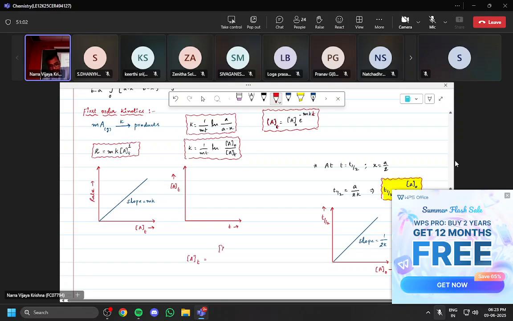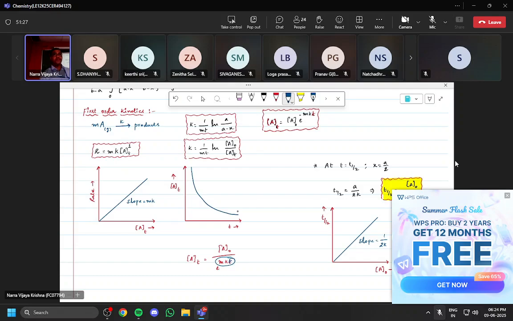This comes to the denominator, e power mkt, correct? If t is increasing, what happens to this? It increases. If this increases, the e power term in the denominator is increasing exponentially. If the denominator increases exponentially, what happens to the total term? It decreases exponentially.